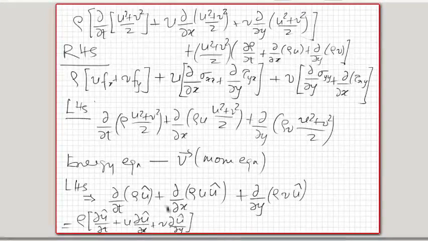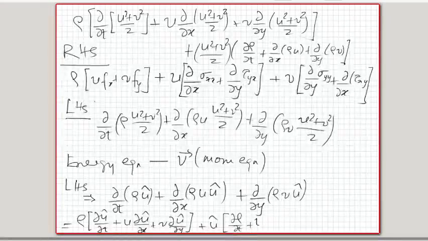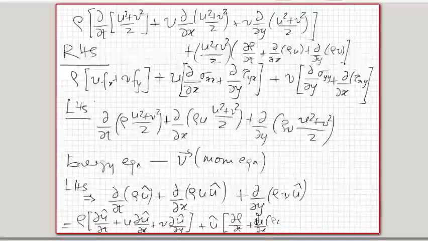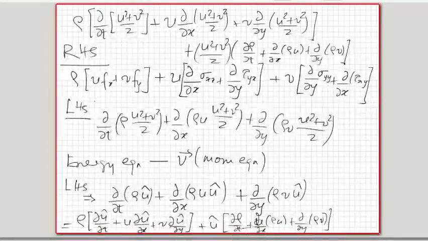The second part of it will be plus U times (del rho by del t plus del by del x of rho U plus del by del y of rho V), and this is 0 by the continuity equation, because the continuity equation says this plus this plus this is 0.